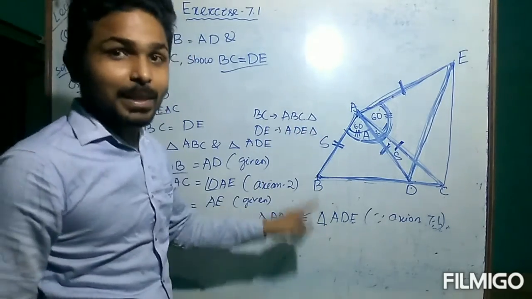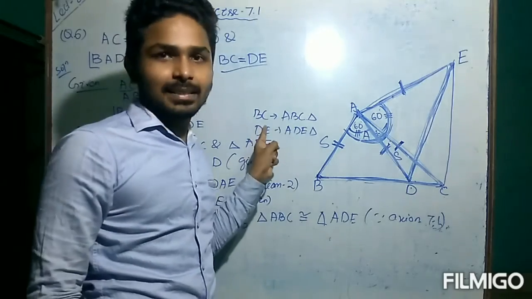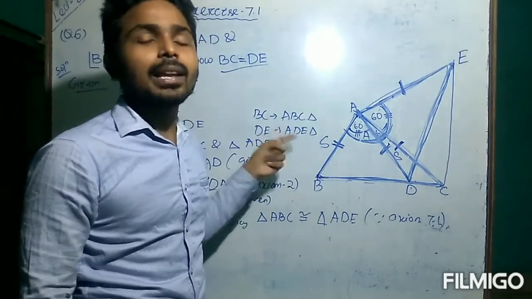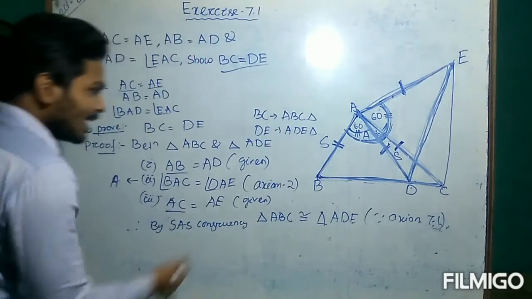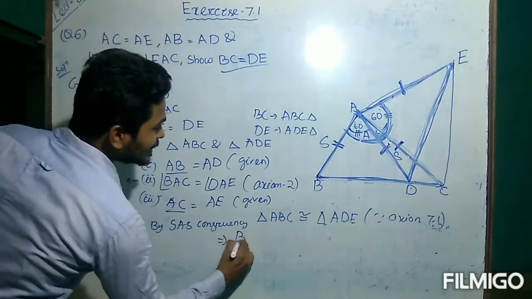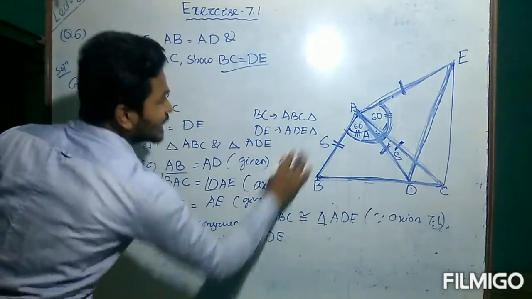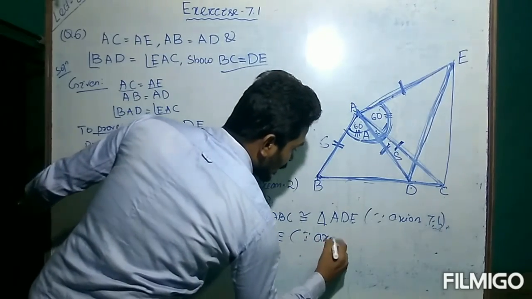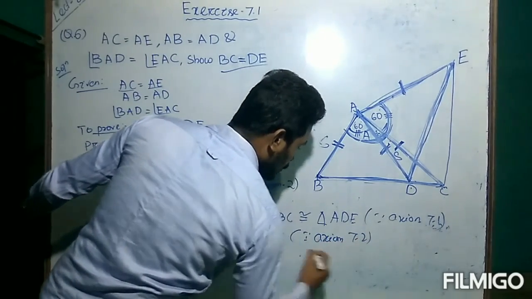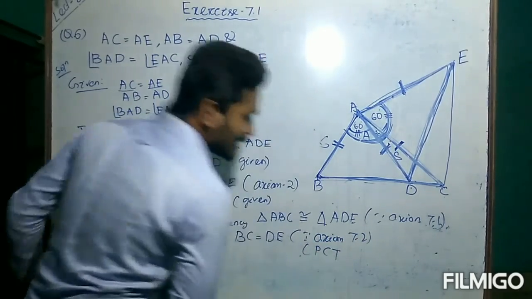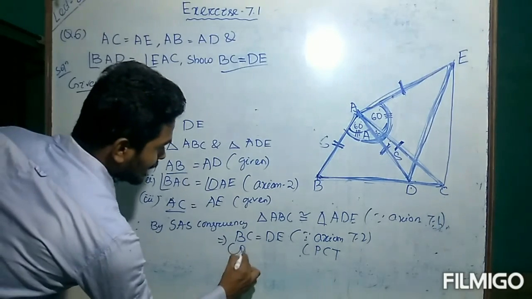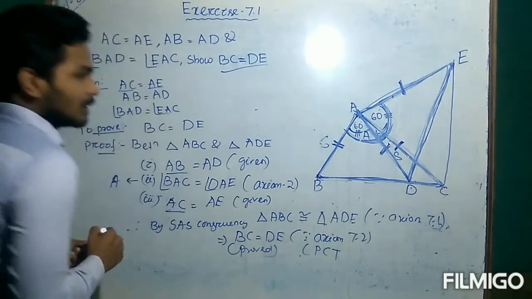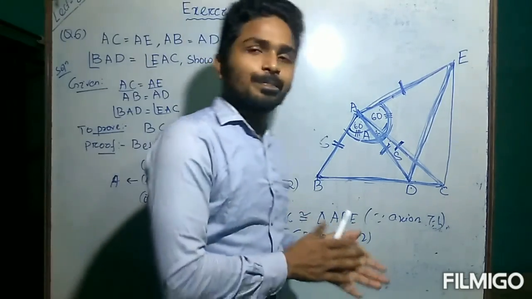Then according to axiom 7.2, their corresponding sides are equal, or CPCT. So we can write BC is equal to DE, by axiom 7.2 or CPCT. Hence it is proved. It is a very interesting question. Understood?